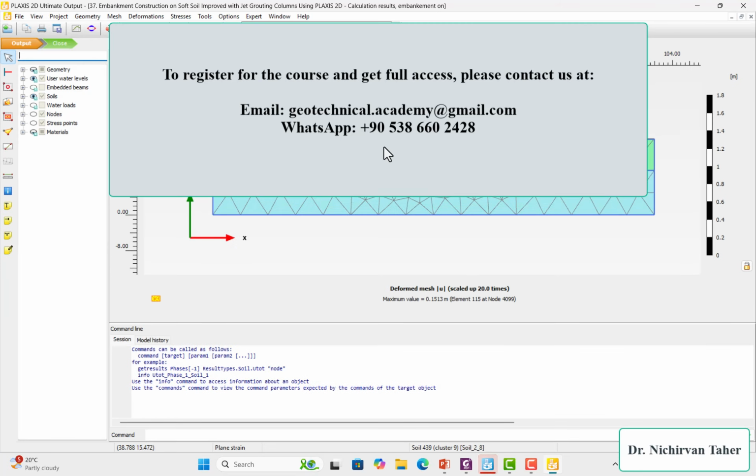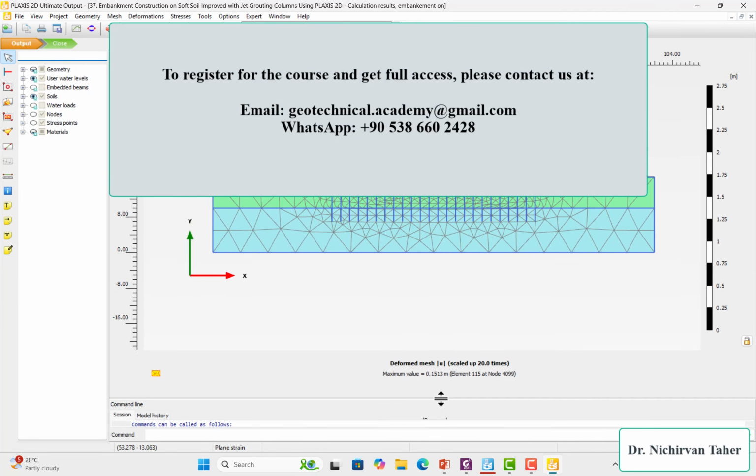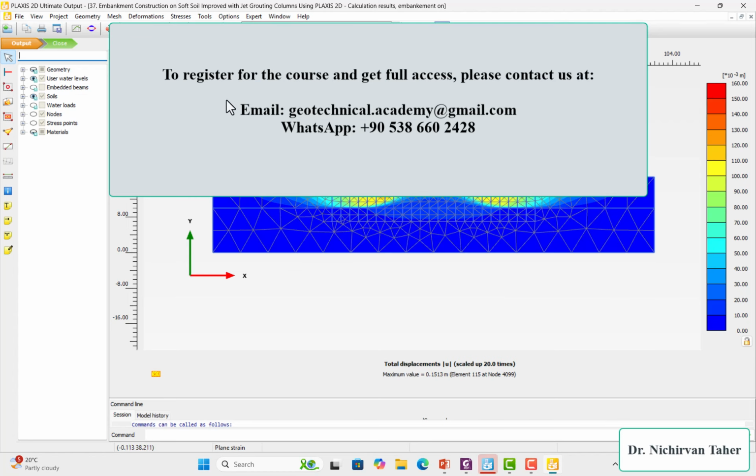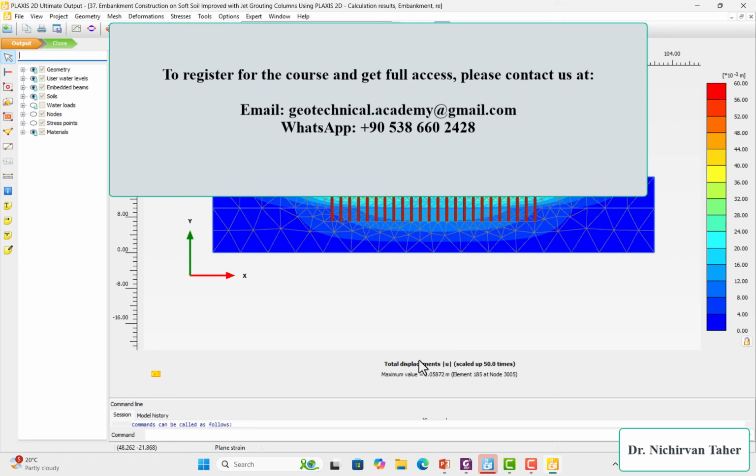In both cases, this is the maximum deformation in the embankment for the unreinforced embankment. If I click on the embankment after construction of the jet grouting columns, we can see the total displacement is decreased considerably.